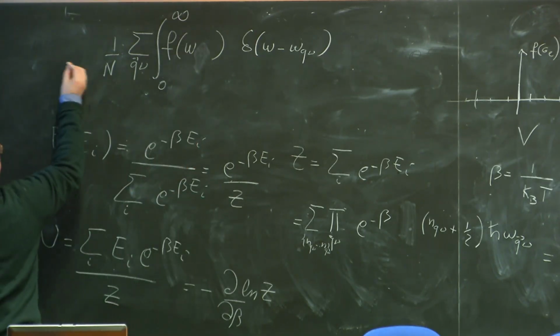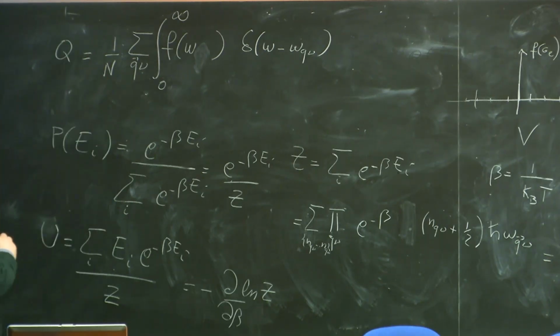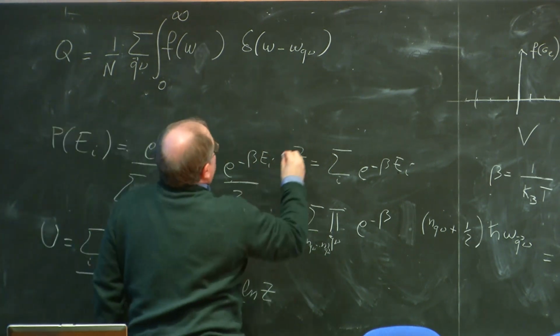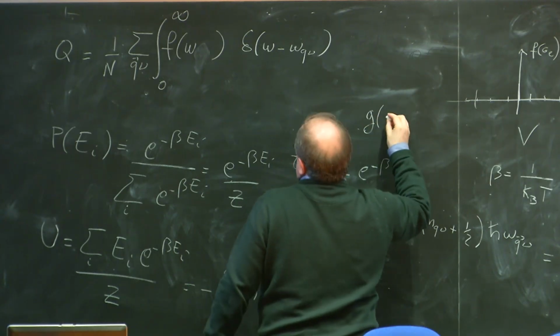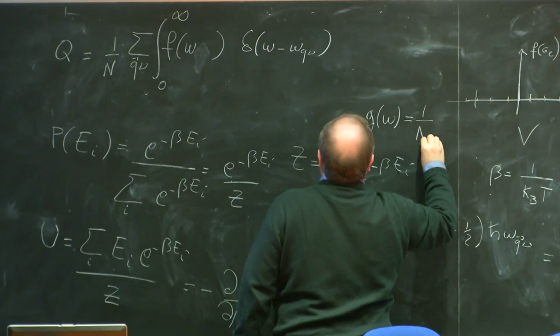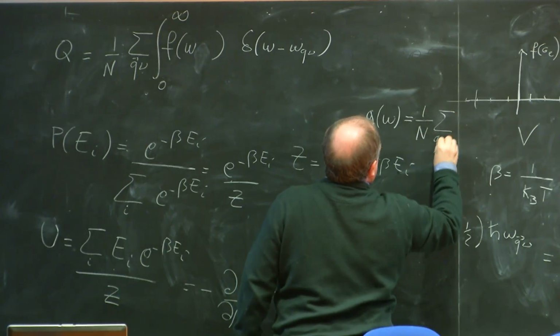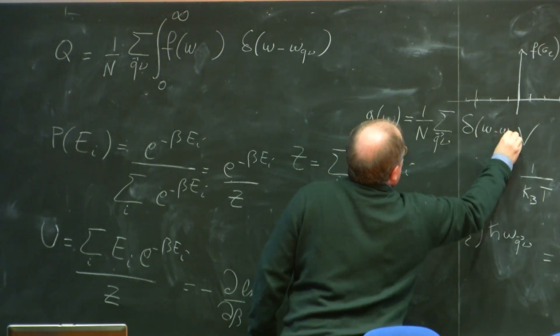And this is an equivalent expression of our original quantity, let's say this quantity was Q. The object that we need is the so-called vibrational density of states per cell. It is 1 divided by n, sum over Q and nu of delta of omega minus omega Q nu.